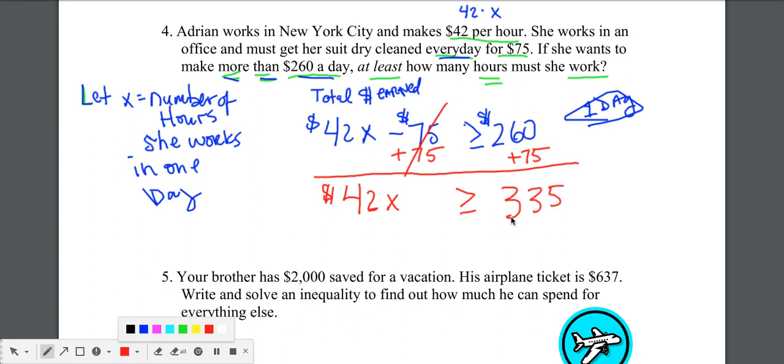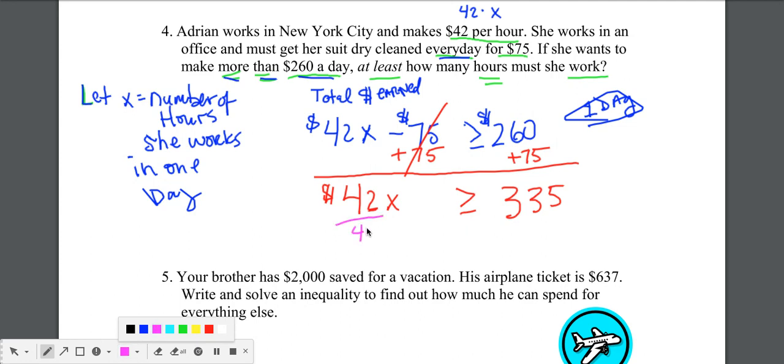It makes sense that you need to make more money than what you want at the end of the day, because you're going to have to pay for that dry cleaning every day off the top after you've made some money. Okay, so next step is to divide both sides by 42.